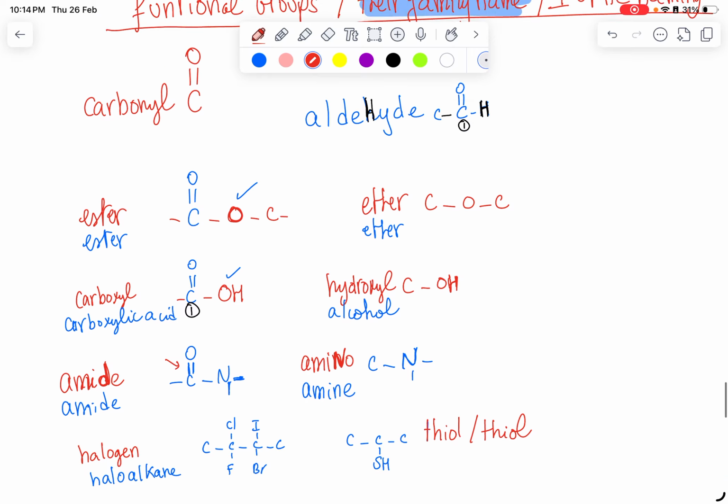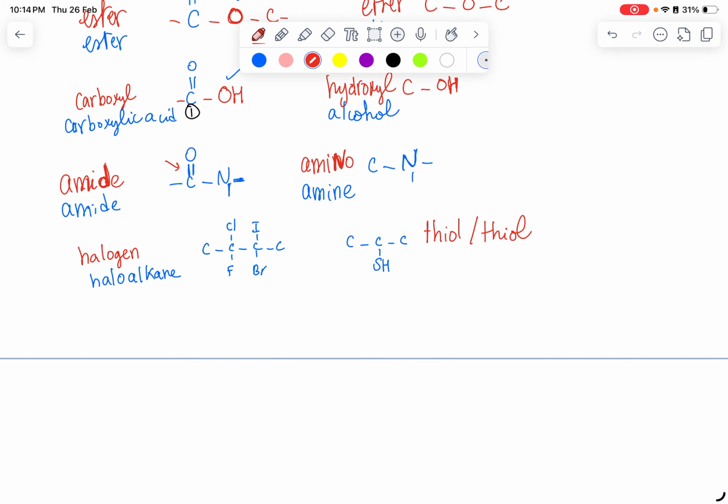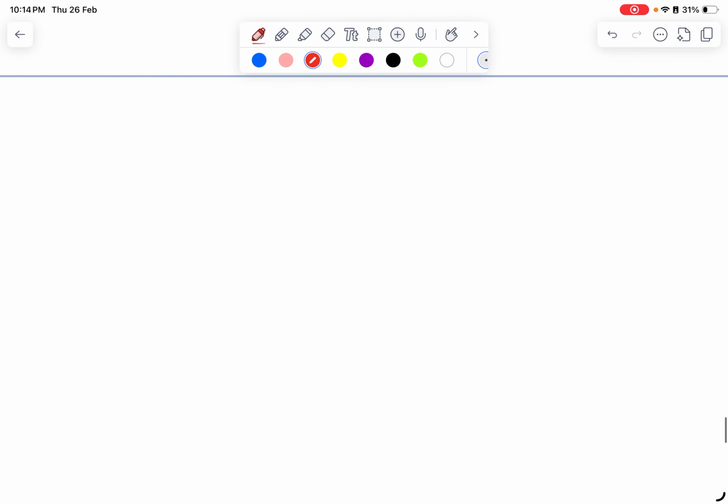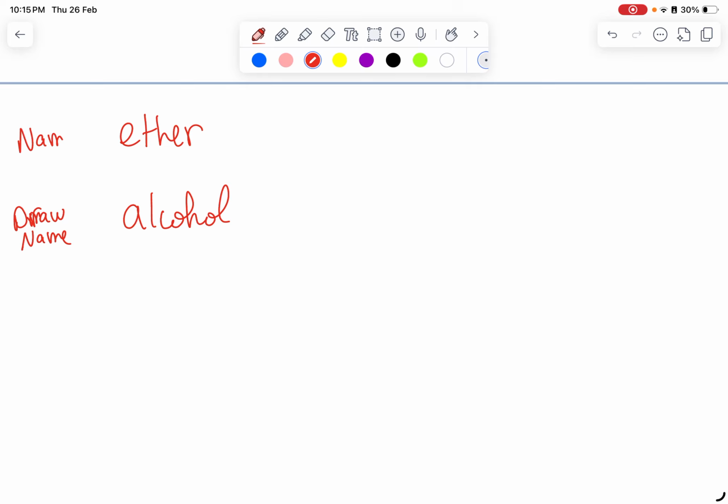Now, the IUPAC naming. I'm going to write again the ones that you are responsible to name in your exam. So you have to know how to name an ether and how to name an alcohol. Not just name, but draw and name. Ether only name.